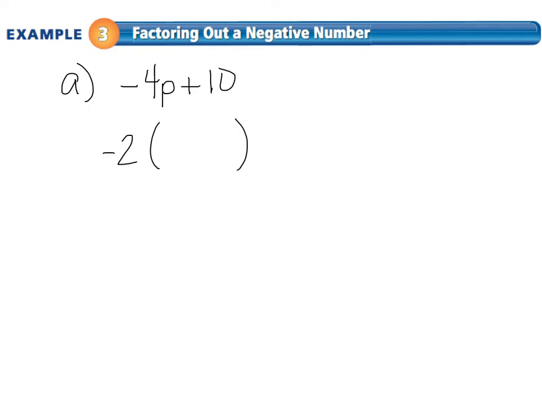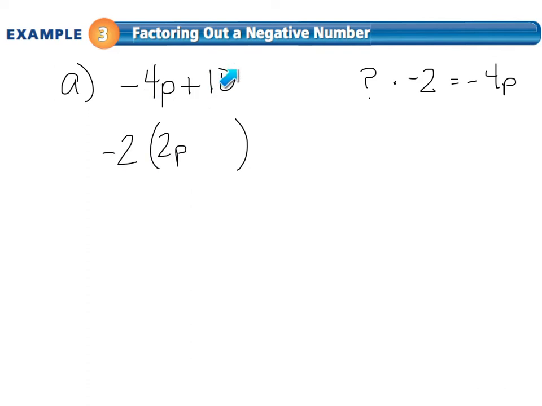So you have to think to yourself, what times negative 2 gives me negative 4p? Well, that would be positive 2p.